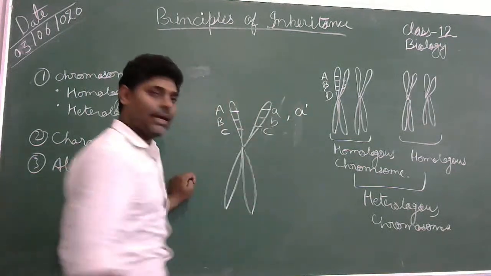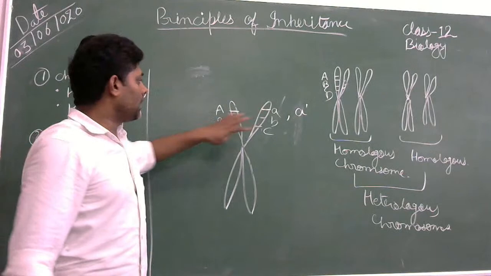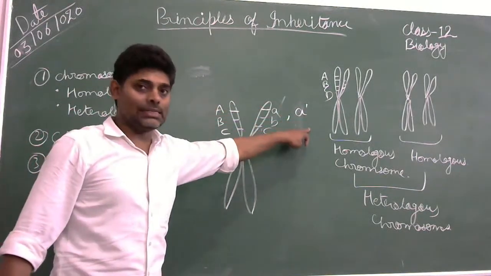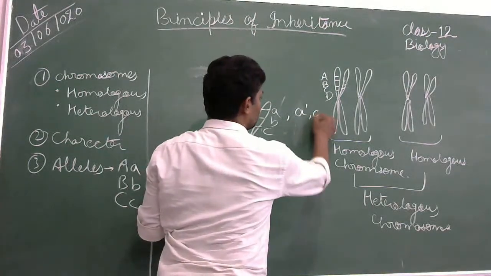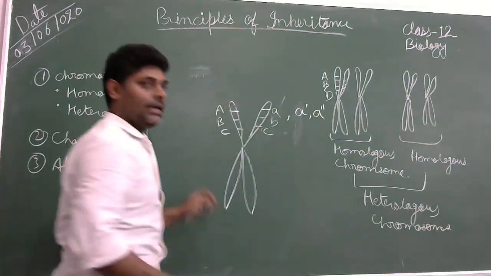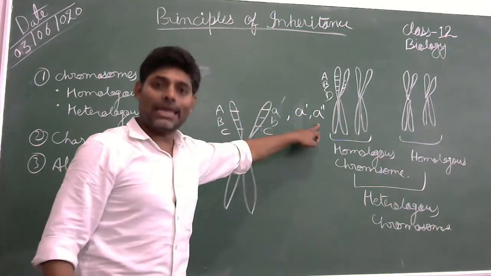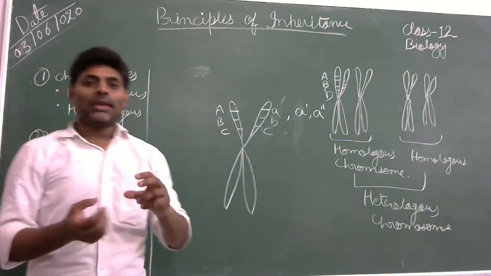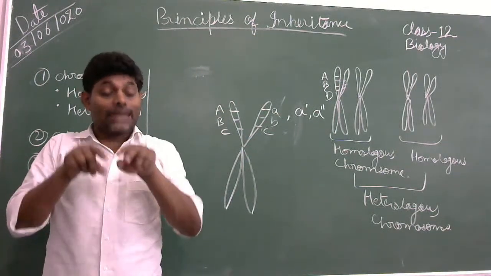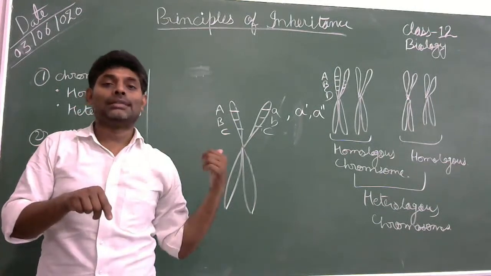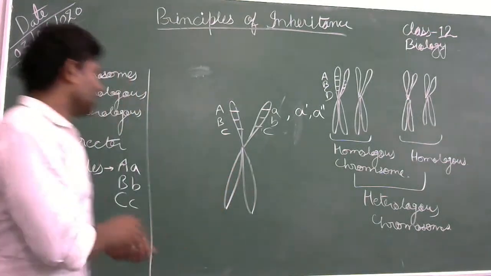Again, there may be certain changes. So here three alleles, one, two, three, are there, right? If the next cell has the same gene, it may become A. So here are four alleles. One, two, three, four alleles. Alleles means a pair of the same gene present at the same locus of the sister chromatid is termed as alleles.